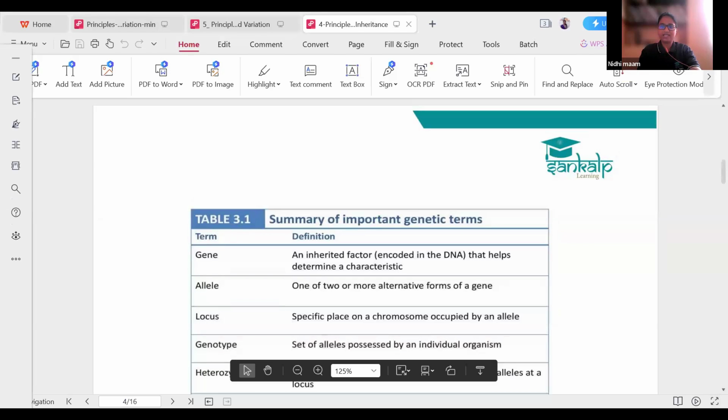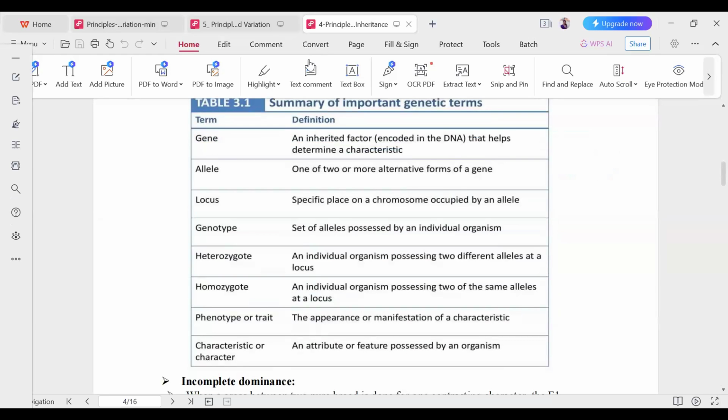Okay. Can anyone read from important genetic terms? Summary of important genetic terms. Gene: an inherited factor encoded in the DNA that helps determine a characteristic. Allele: one of two or more alternative forms of a gene. Locus: specific place on a chromosome occupied by an allele. Genotype: set of alleles possessed by an individual organism.